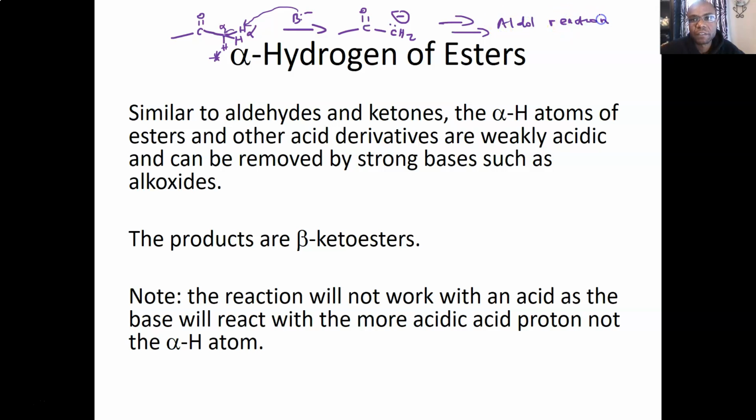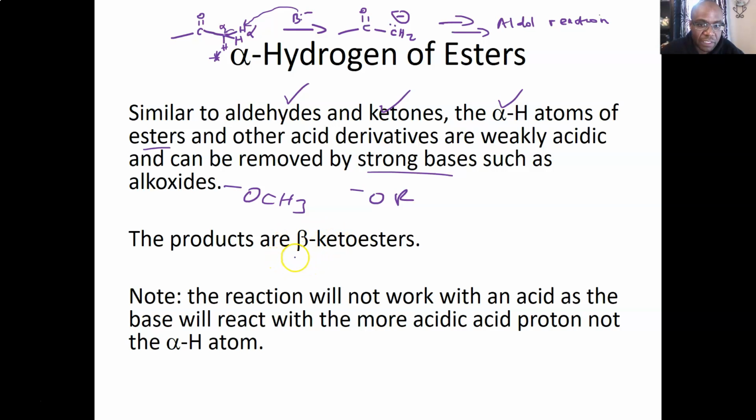So in esters, we do what we call Claisen condensation. Similar to aldehydes and ketones, the alpha hydrogens of esters and other acid derivatives are weakly acidic and can be removed by strong bases like I did here, such as an alkoxide, for example, methoxide. Any strong base will remove the alpha hydrogens.